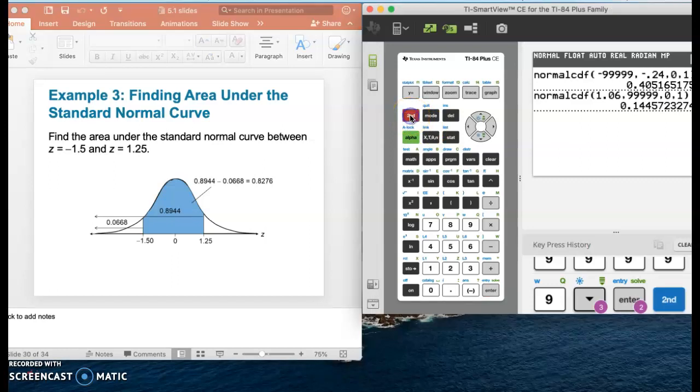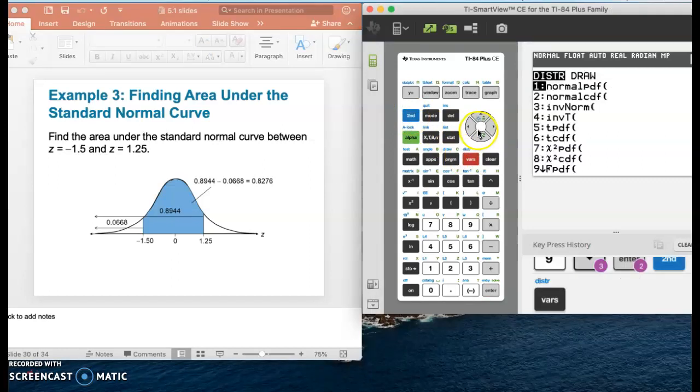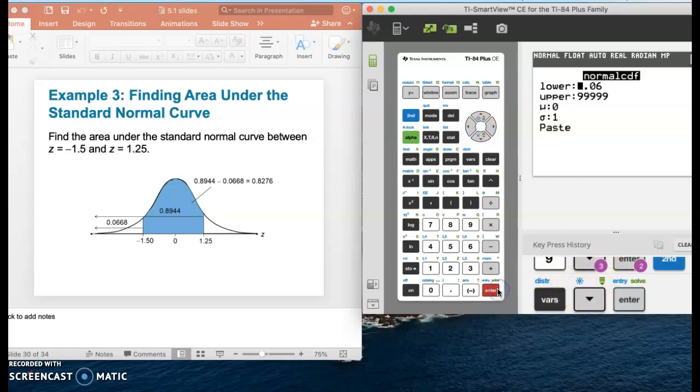I'm going to go second and then vars, arrow down to normal CDF, and press enter. This time the lower bound is negative 1.5, so I'm going to type in negative 1.5. Arrow down to the upper. My upper bound of the area that I have shaded in blue is 1.25. So I'm going to enter 1.25 into my calculator. I'm going to arrow down.